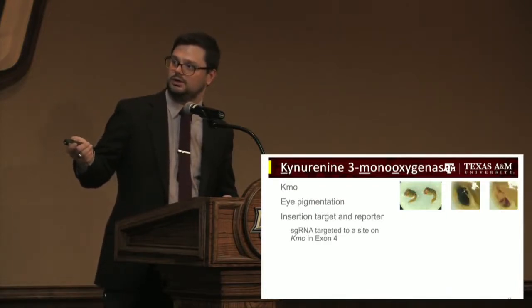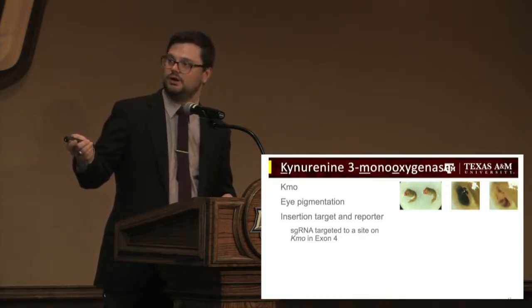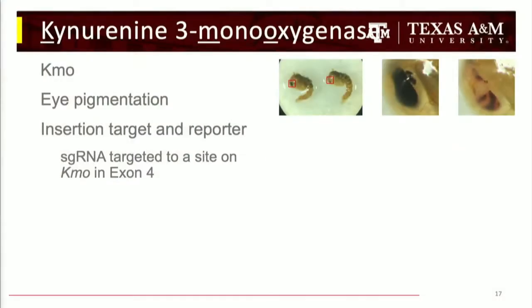Looking closer, this one is normal. That's what the eyes normally look like, so that's full eye pigmentation. And then this is what we call mosaic eye. The reason that it's mosaic is because when this pupa was an embryo, it's one of the ones that we actually injected.